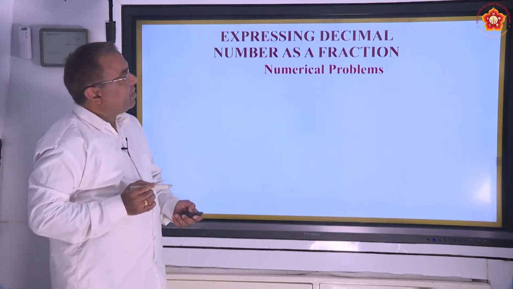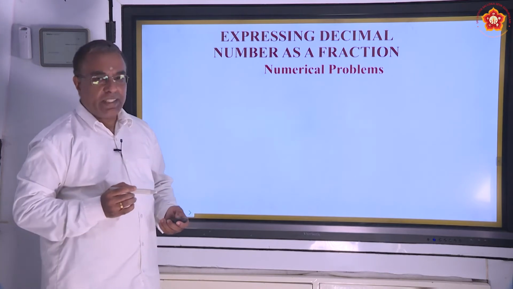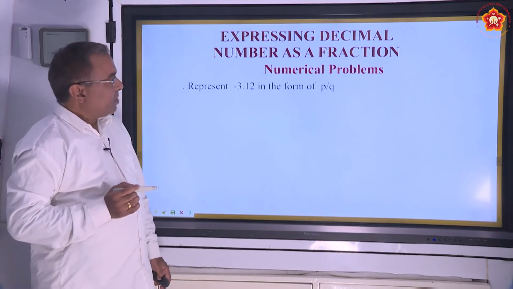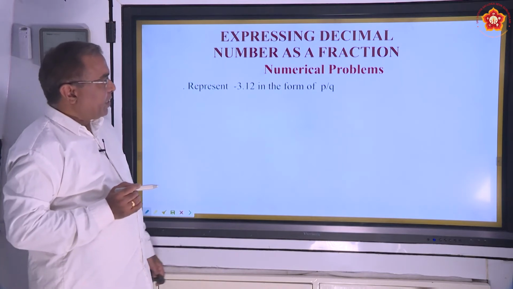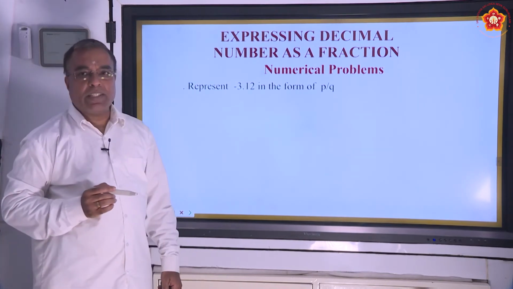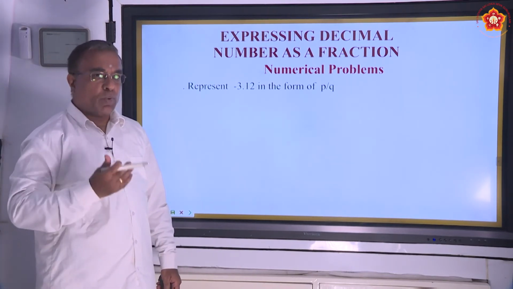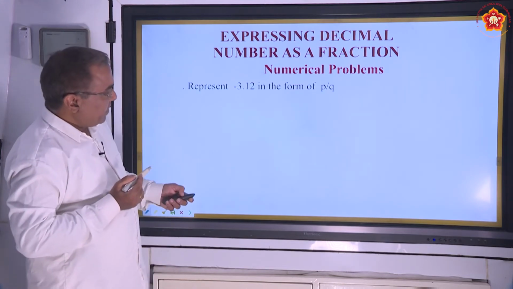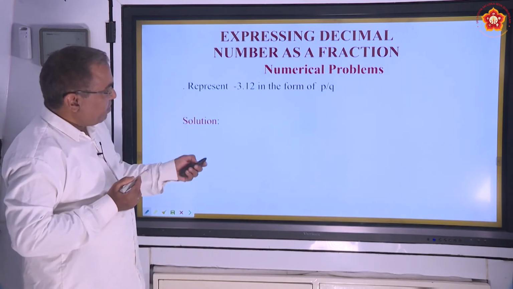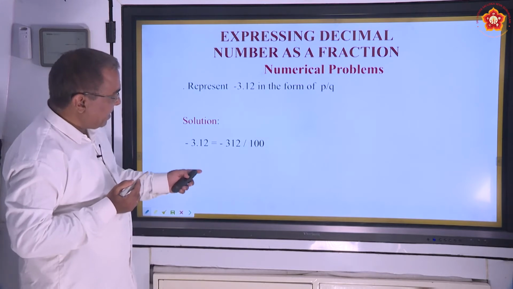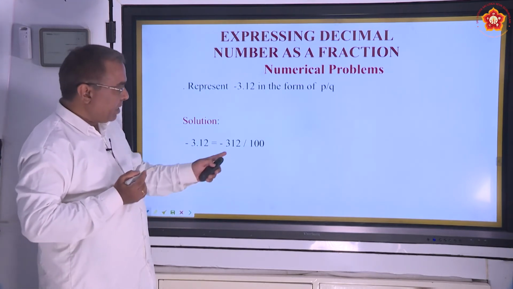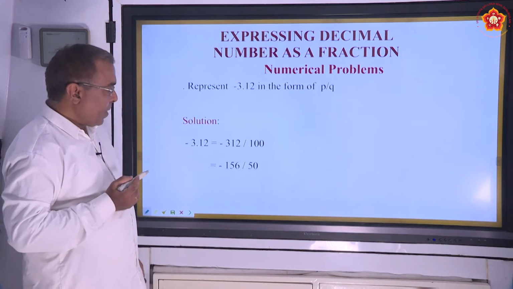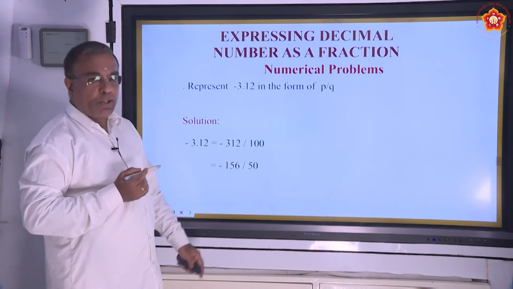Now, we will express a decimal number as a fraction. Based on this we will work some problems. I have a number minus 3.12. How to represent it in the form of p by q? p by q means there will be a numerator and a denominator also. As we can easily observe, minus 3.12 we can write as minus 312 by 100. Further, both are divisible by 2.